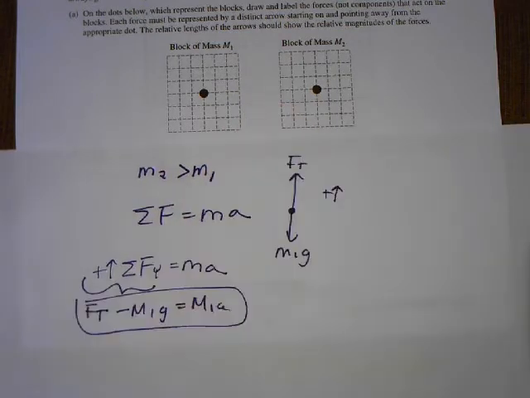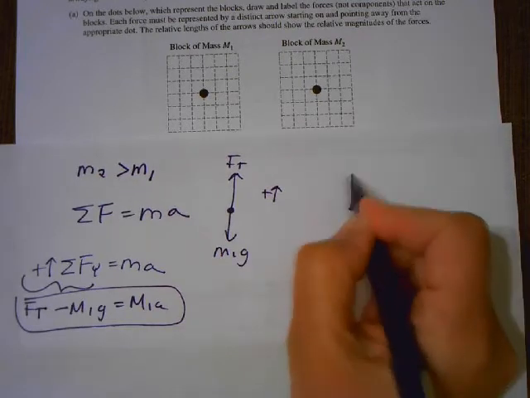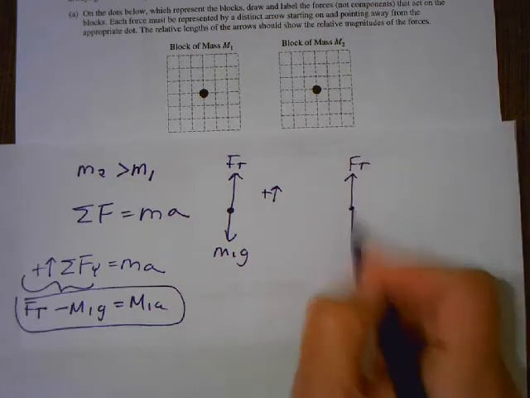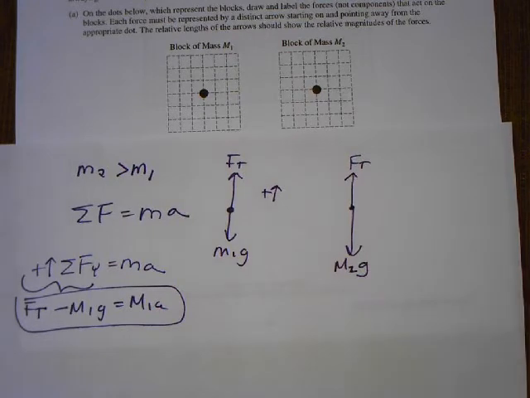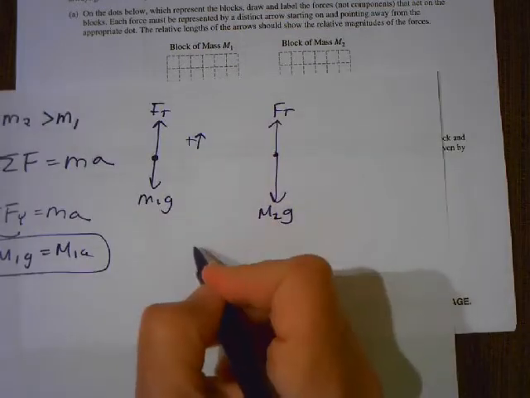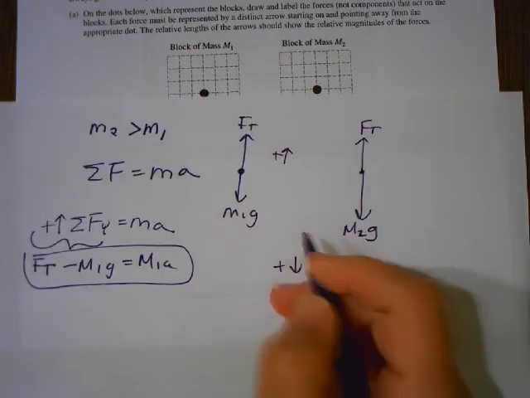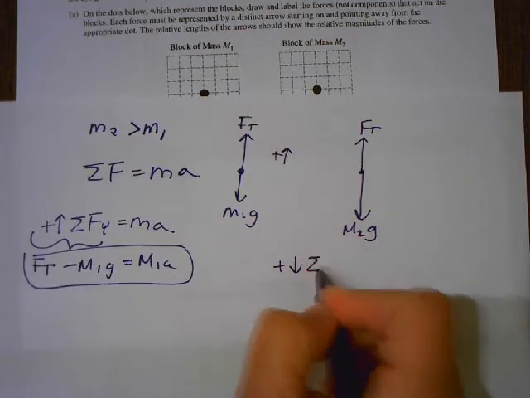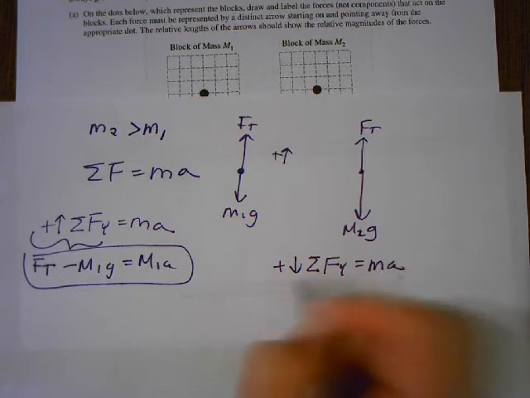For the second one, and I'm going to work this out in detail tomorrow, again you have your tension, but here this M2g is going to be longer. Then you're going to apply Newton's second law again. Now my sign convention is down because down is positive. I'm going to say summation of F_y is equal to ma. Remember, this is M2a.